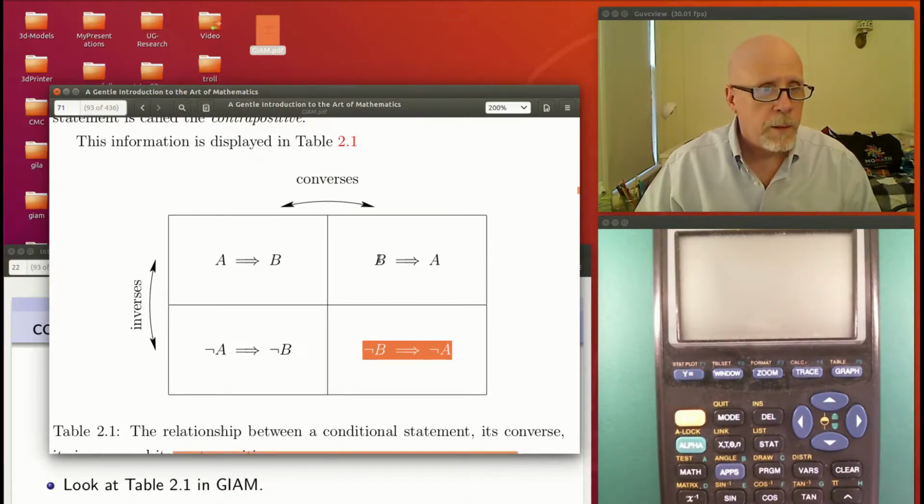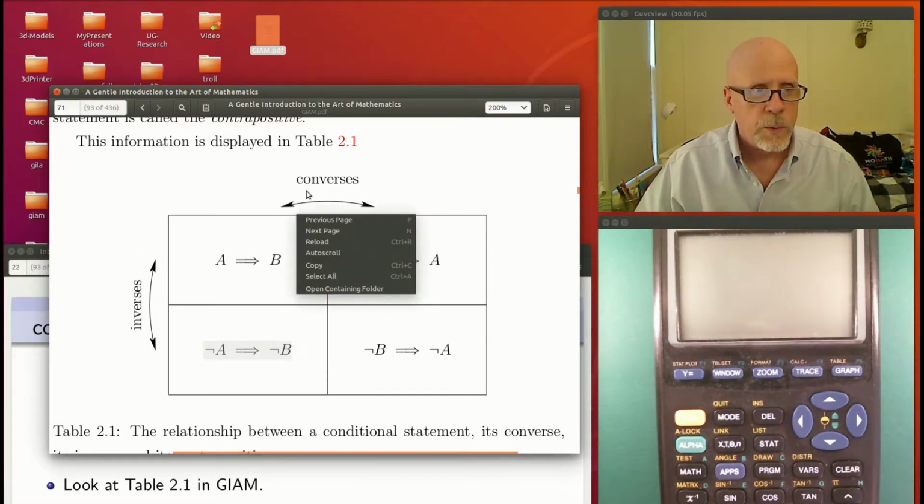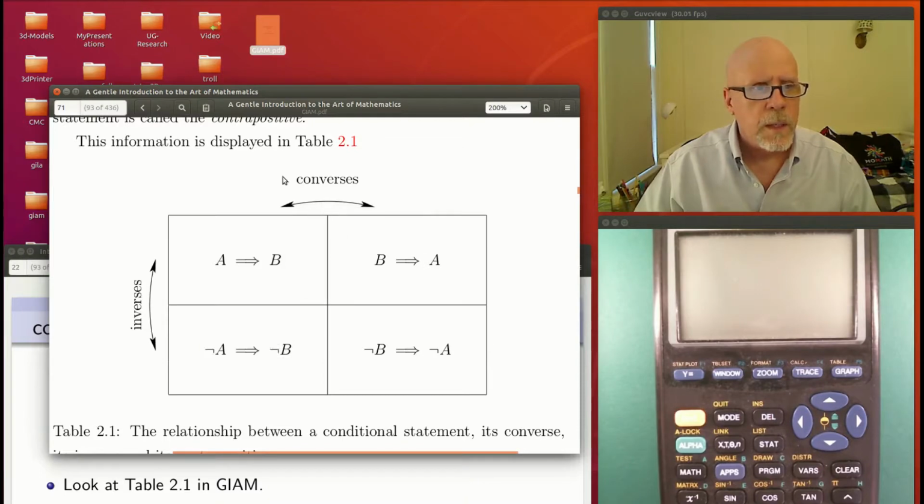The converse of the first one is just switching A and B, right? So that's B implies A, and the inverse is the one where we left the order alone, but we put the negation symbols on it. So that one's the inverse. But you notice these decorations outside of the table. It's actually true that as you move across the table, you go to the converse of something.